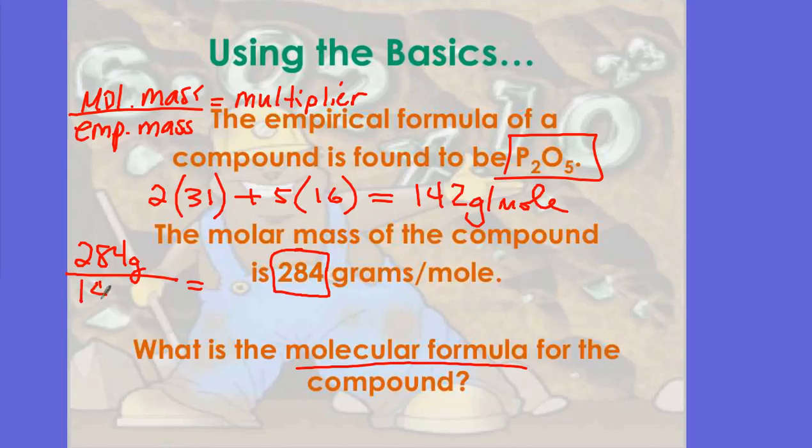So, 284 divided by 142. We don't even need our calculator for that. What can we see? What's the multiplier? It's 2. So that means the molecular formula is 2 times as big as the empirical. So what would my molecular formula be? P4O10.